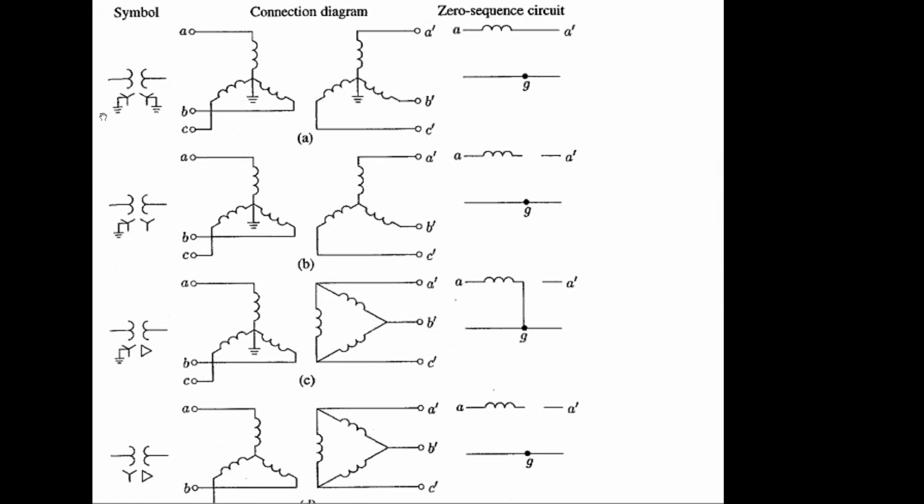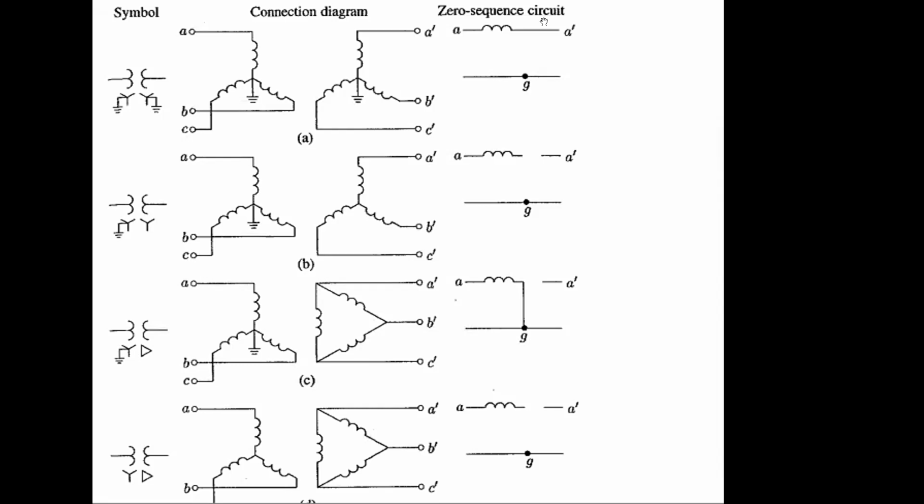That Y may be grounded, that Y may not be grounded. First one, both sides, primary and secondary, have ground connection. But in the second case, you have only primary ground, secondary open. Third configuration, primary Y ground, secondary delta. Fourth configuration, you will not have ground for Y and delta.